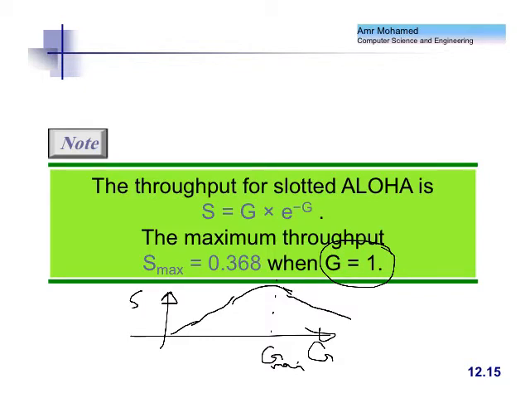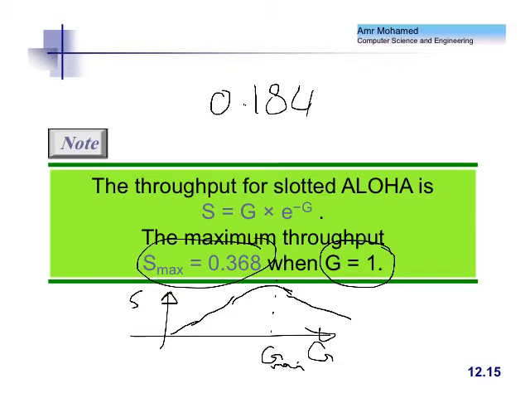Okay? Here it happens that slotted Aloha has maximum throughput which is double. If you remember, for the pure Aloha, the maximum throughput was 0.184, or in other words, 18.4%.